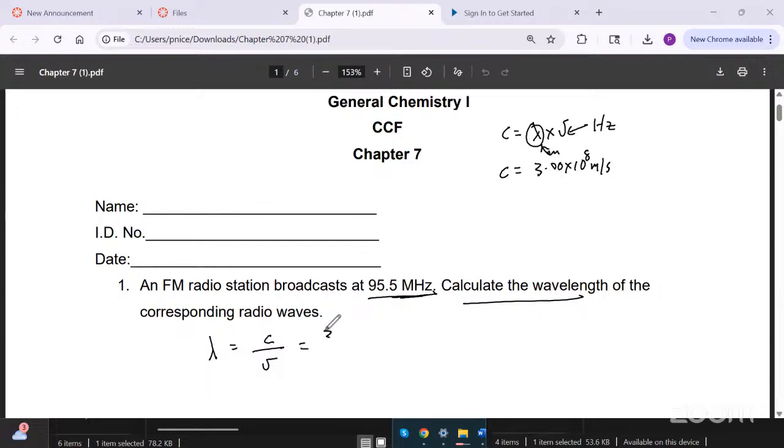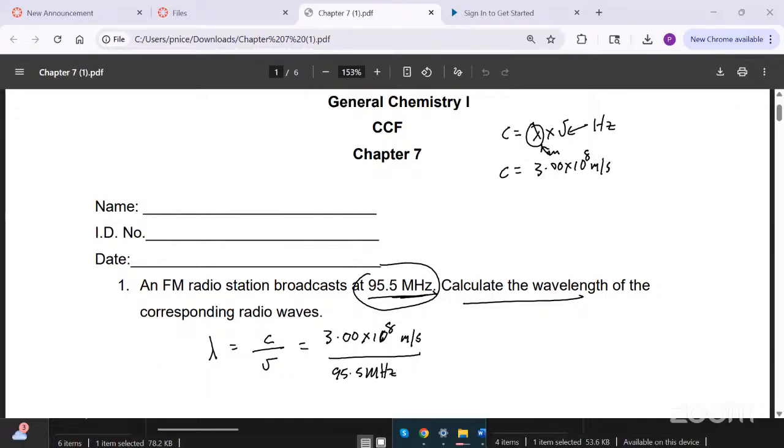Now c, as I said before, is 3.00 times 10 to the 8 meters per second, divided by the frequency. Now the frequency is given as 95.5 megahertz. Now, mega means 1 million.